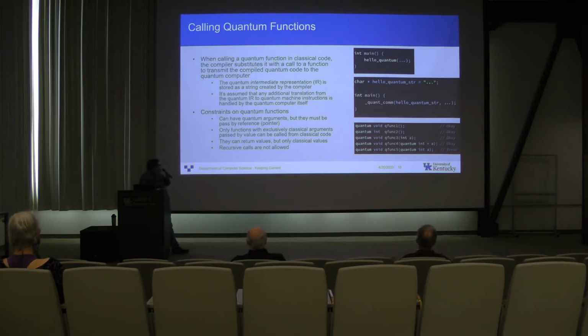And like I said, there are also some constraints on these functions as well. Obviously, you can have quantum arguments. So the quantum arguments may essentially be passed by reference. There's a bit of a debate with myself currently whether I want to make it a pointer or add the ampersand, kind of like how C++ handles pass by reference.